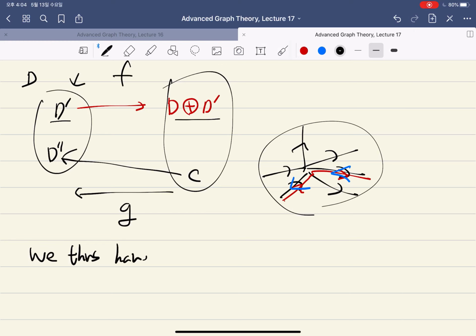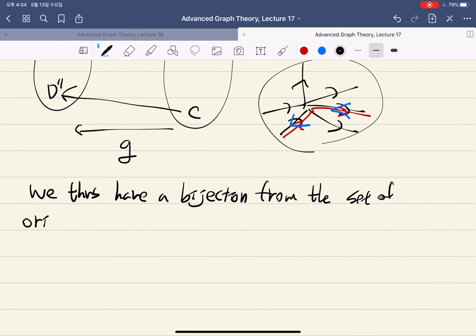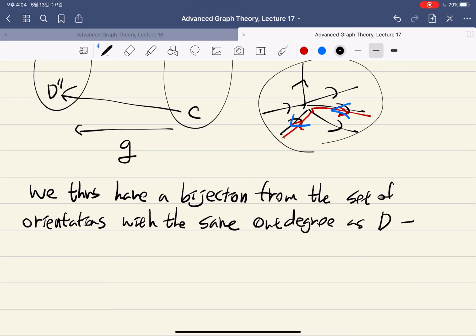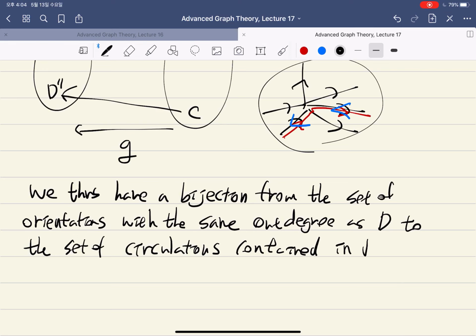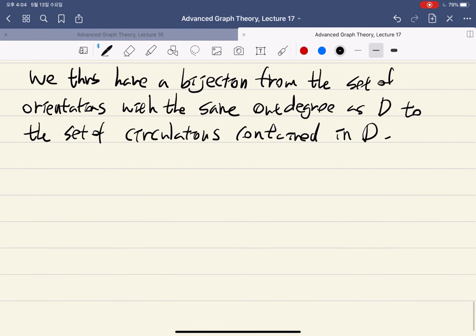We thus have a bijection from the set of orientations with the same out degree as D to the set of circulations contained in D. So what do you have?